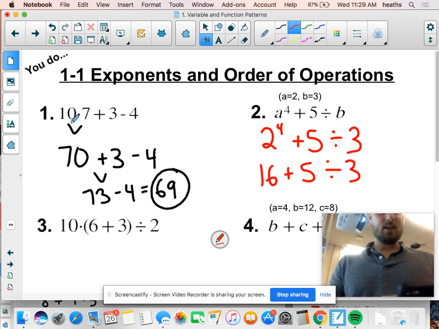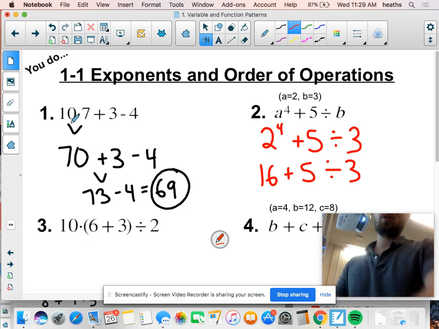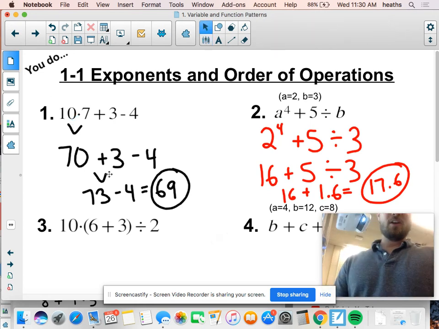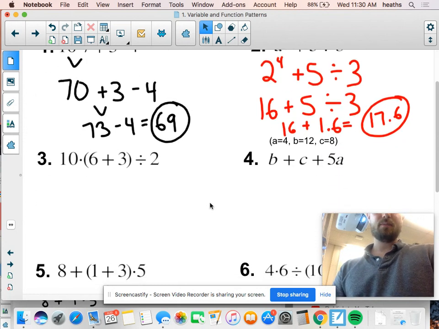So 5 divided by 3 is actually 1.6. 16 plus 1.6 is going to give us 17.6. It'll probably be pretty rare that you're going to have something like 5 divided by 3. Typically, I try to keep those things that will divide evenly. That particular time was not, but it's okay.